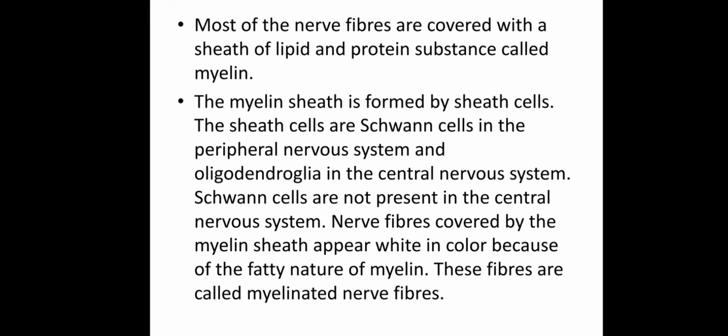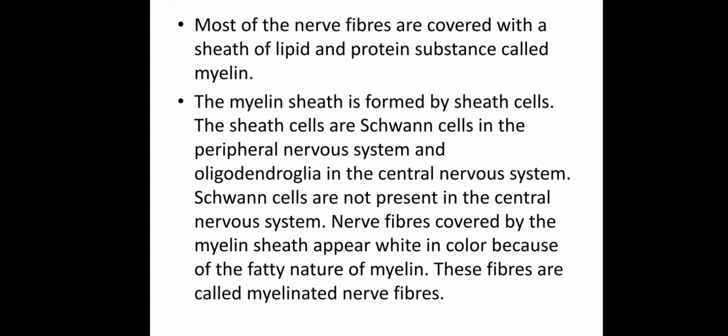The myelin sheath is formed by sheath cells, called Schwann cells in the peripheral nervous system and oligodendroglia in the central nervous system. So according to the location of the myelin sheath, the name is different.